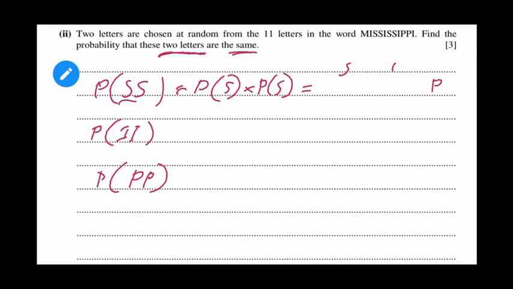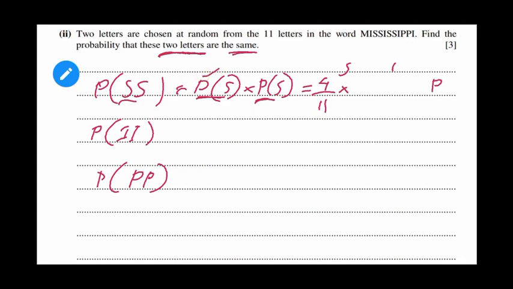So what is the probability of S here? You could find totally 4 S out of 11 letters. So probability of first S is 4 over 11 times, what's the probability of second S? Is it 4 over 11? No, because already one S is chosen here.